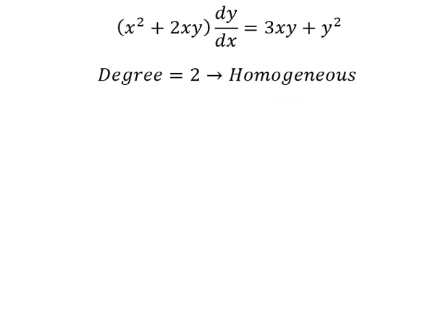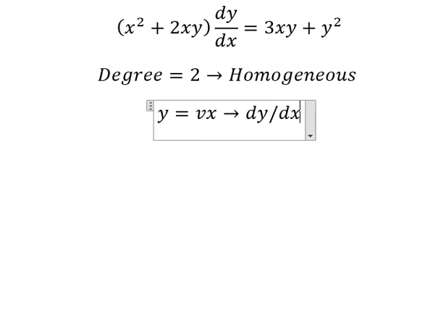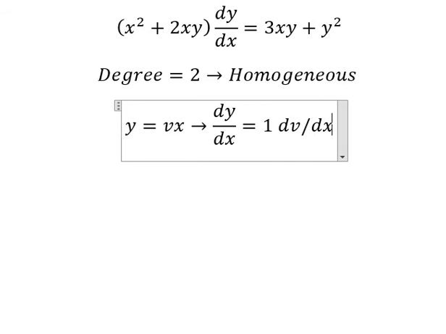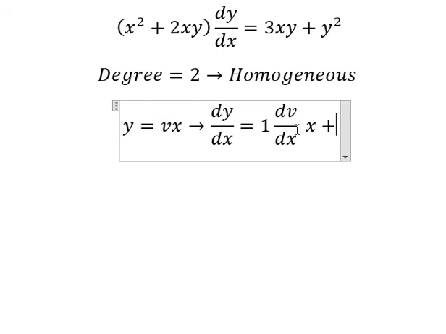So I will put y equals vx. Later, we first take the derivative of both sides, and we have dy over dx. First, the derivative of v, we have number 1, dv over dx multiplied by x.